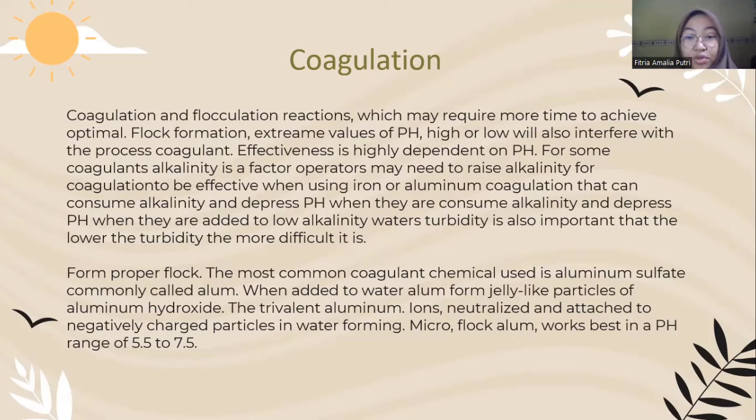When added to water, alum forms jelly-like particles of aluminum hydroxide. The trivalent aluminum ions neutralize and attach to negatively charged particles in water to form microfloc. Alum works best in a pH range of 5 to 7.